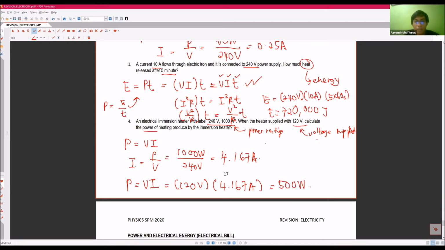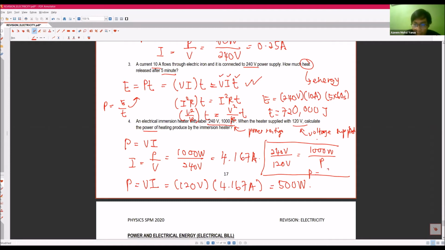Okay. So this is more appropriate, but we can also use the ratio earlier. It looks like this: 240 volt over 120 volt equals 1000 watt over P. 240 divided by 120 is 2, so 1000 divided by 2 gives the answer 500 watts.